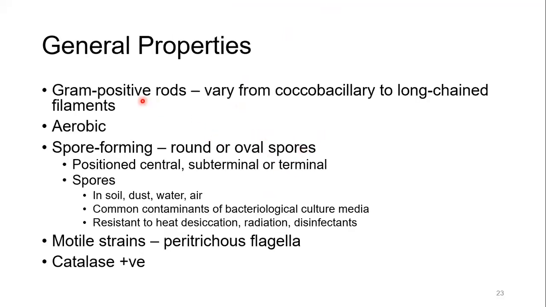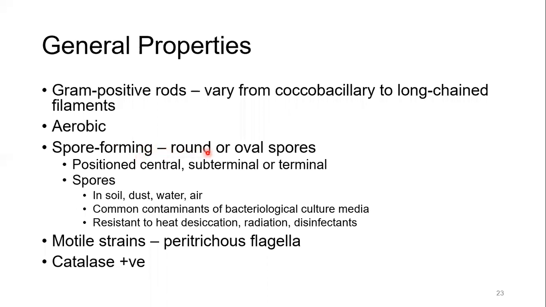Again, these are gram-positive rods. They tend to also vary. That's the genus, not specific species, but they tend to vary from a coccobacillary shape to long-chained filaments. They are aerobic. They form spores. So this would be one of the differentiating characteristics from corynebacterium.